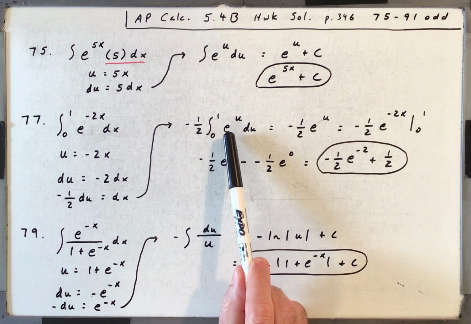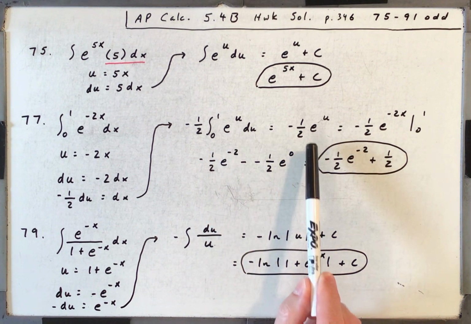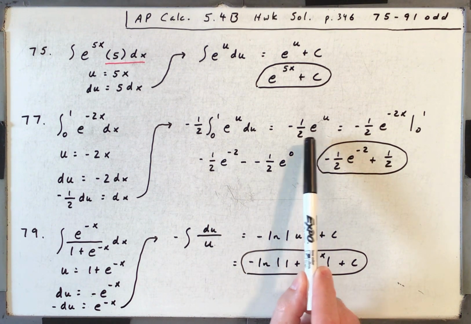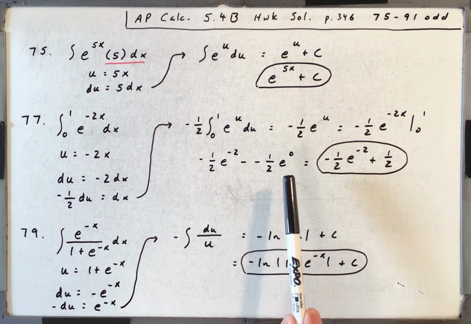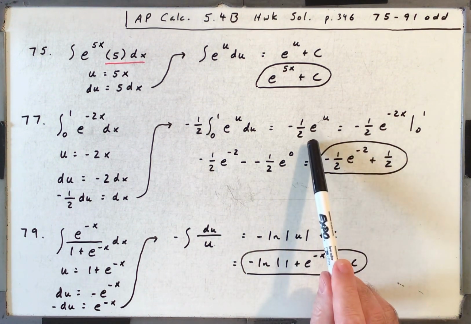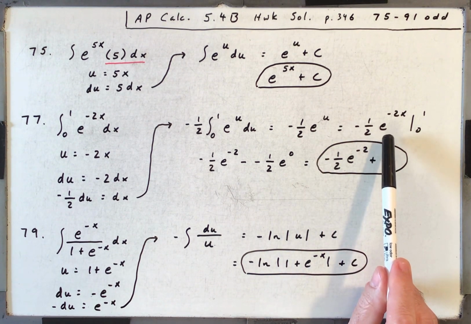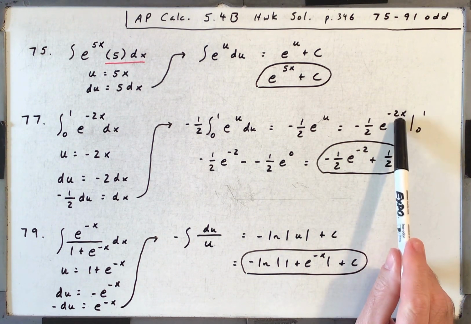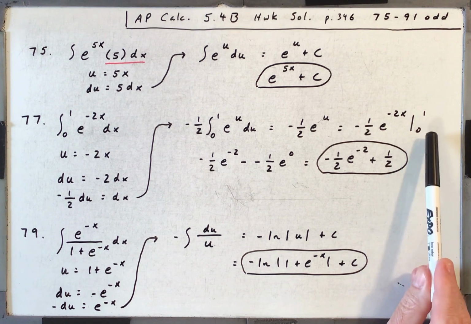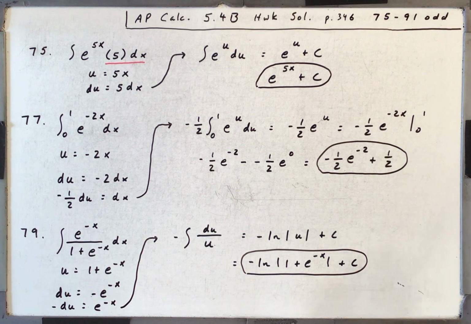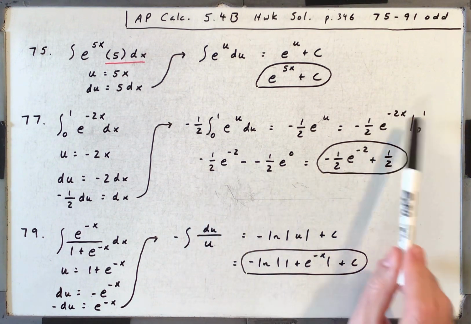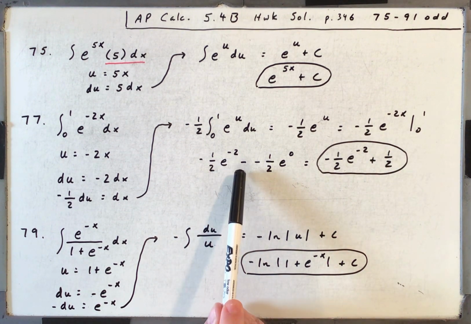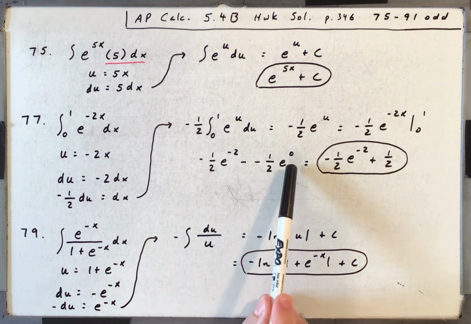So the antiderivative of e to the u is e to the u, so I'd have negative 1/2 e to the u. No plus c because this is a definite integral. And so we have negative 1/2 e to the minus 2x when we substitute back in for u. We're evaluating that from 0 to 1. All right, so I'm going to have negative 1/2 e to the minus 2 times 1, so that's negative 2, minus negative 1/2 e to the 0.